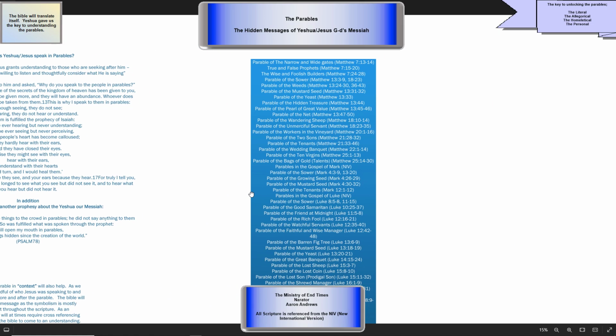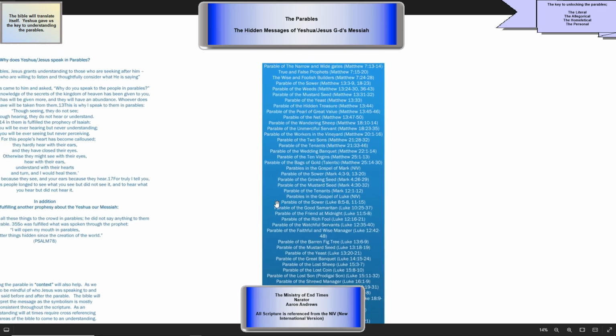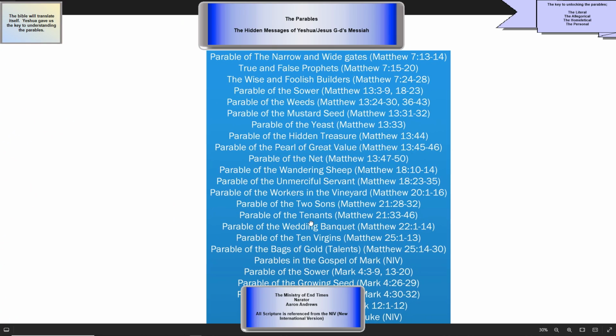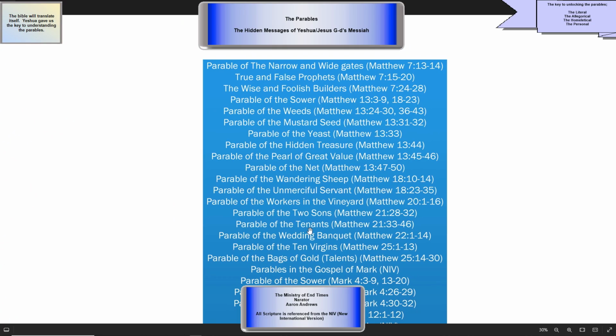So this is a list of parables that I am hoping to get through and hope to interpret each and every one of these. But I am going to break them down in the different sections of the Bible where these parables may lie, like Matthew 7 and Matthew 13 and Matthew 18 and so on, as these parables are nested inside of another message that Jesus is teaching.